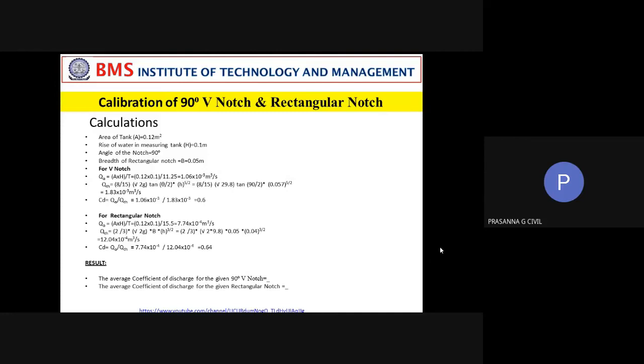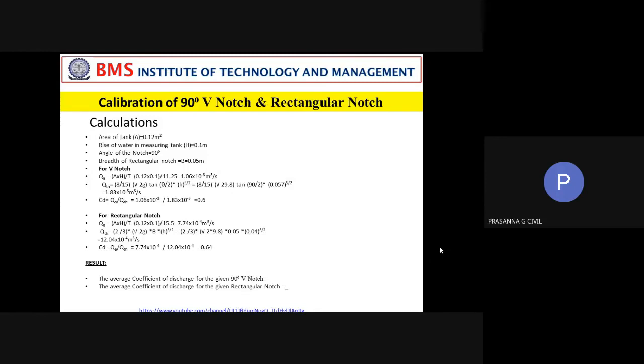For the rectangular notch, substituting the values as obtained in the experiment process, the value of CD was obtained as 0.64. So whether for the triangular notch or the rectangular notch, different trials can be done with various discharges, and the CDs obtained for the various discharges can be calculated, and the average CD can be used for the result.